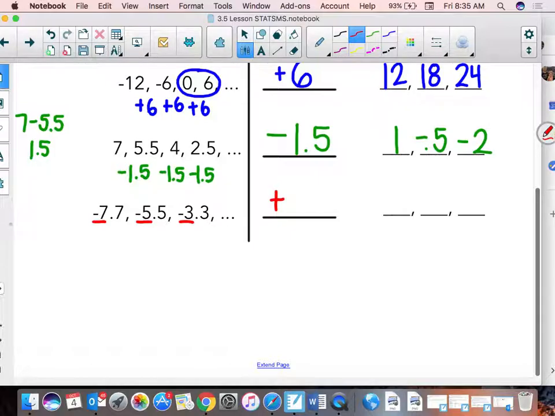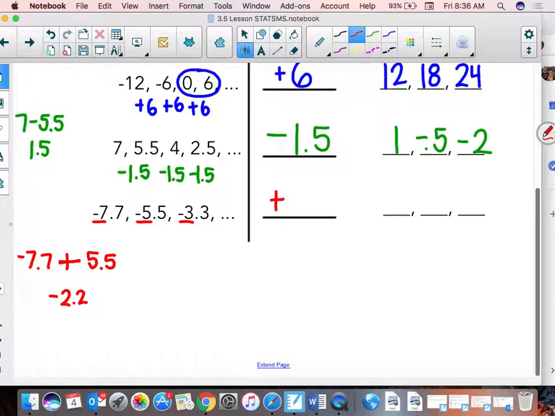If you're not sure what you are adding, you can take negative 7.7 and subtract a negative 5.5. So negative 7.7 minus a negative 5.5. Really, we are adding, and we get negative 2.2.